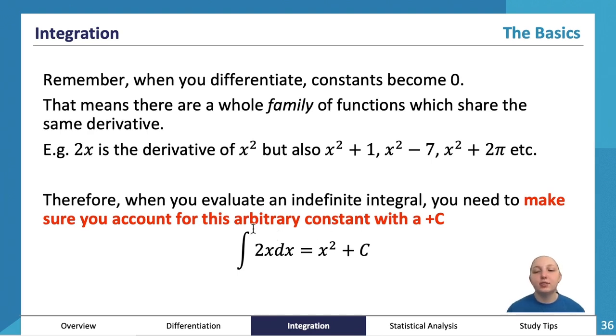So let's say we're integrating 2x. The dx is just what you pop in when you're finding integration, so we're finding the integral in relation to x. The integral of 2x dx is equal to x squared plus c. Don't worry if you don't know how to do the integration yet.